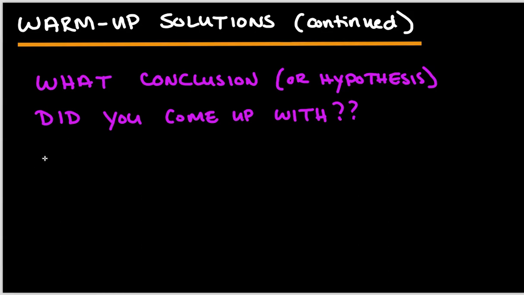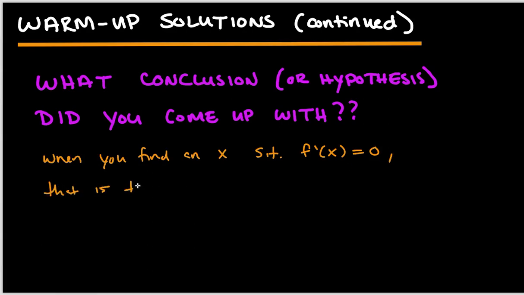Okay. When you find an x such that f prime of x equals 0, that is the x at which f of x is maximized.